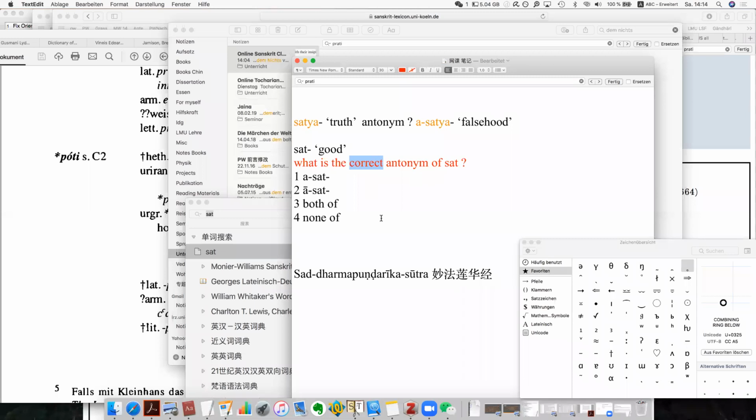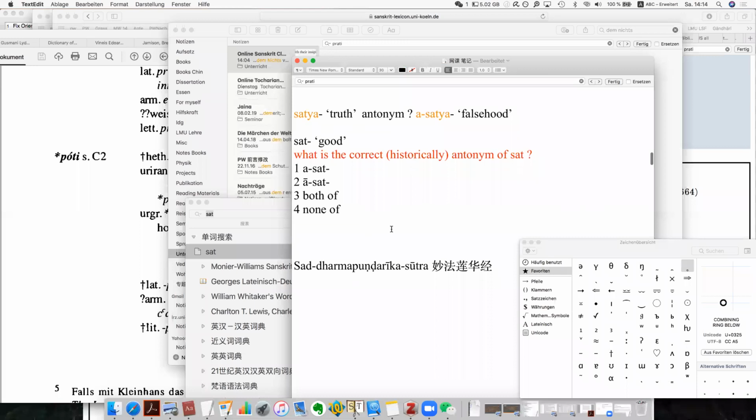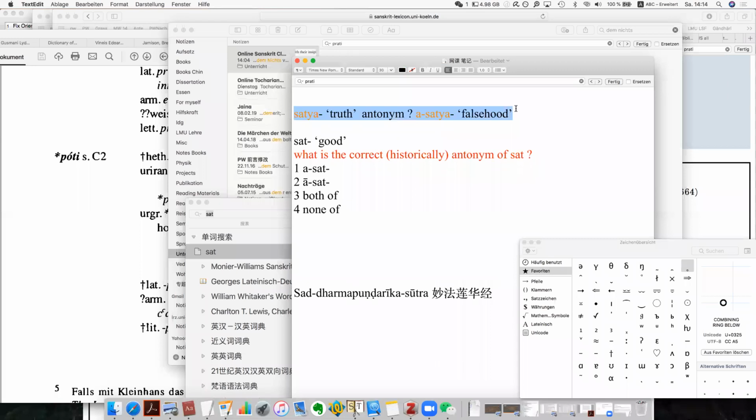And does anyone know the difference between what is the antonym and what is the historically correct one? The reason why I write this one is actually to show that already in the Sanskrit language, there is already some secondary development.